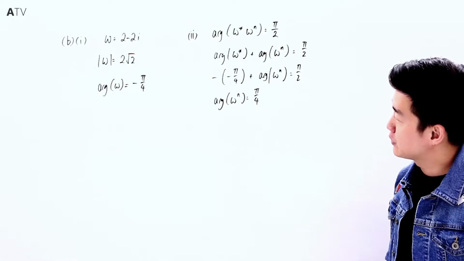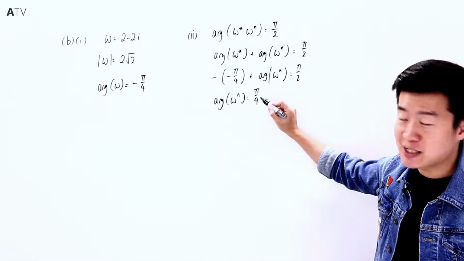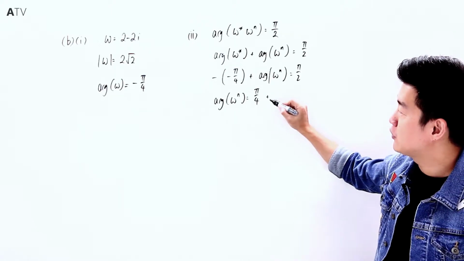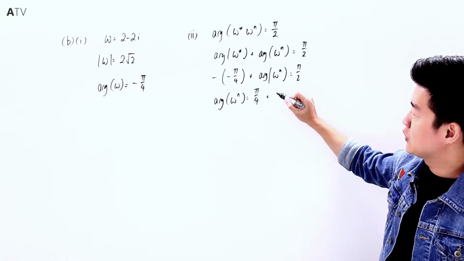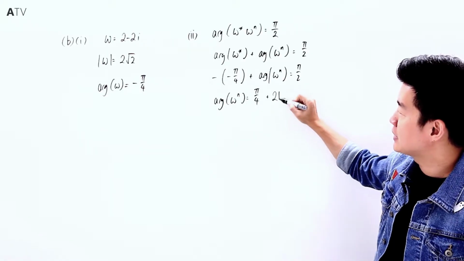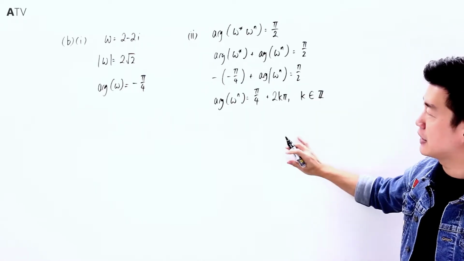But since n can vary, that means argument of w to the power n need not just be pi over 4, but it can be pi over 4 plus integer multiples of 2 pi. So I'll let it be pi over 4 plus 2k pi, and k has to be an integer value.